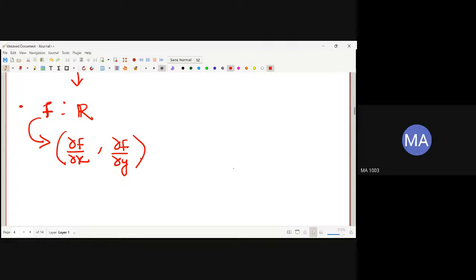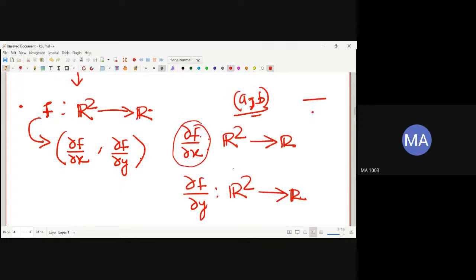Now you can apply this rule at a point, let's say (a, b), if this gradient exists at this point as well as being continuous around some open ball of (a, b). You should find a circle whose center is (a, b), and this function should be continuous on this region.